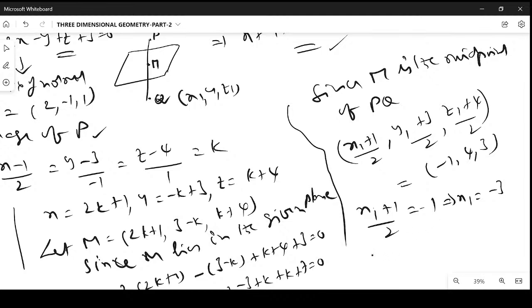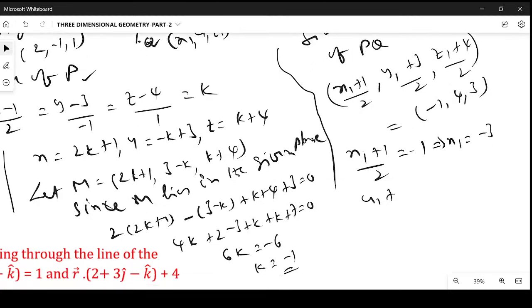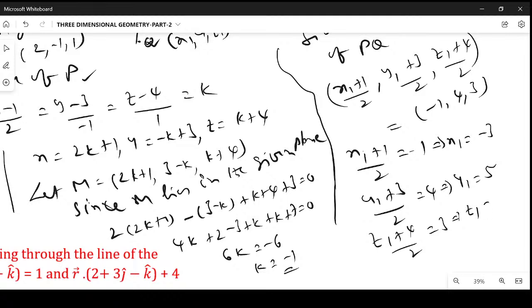Similarly, (y1 plus 3) by 2 equal to 4. Then y1 is equal to 8 minus 3, which is 5. Similarly, (z1 plus 4) by 2 equal to 3, so z1 is equal to 6 minus 4, which is 2.